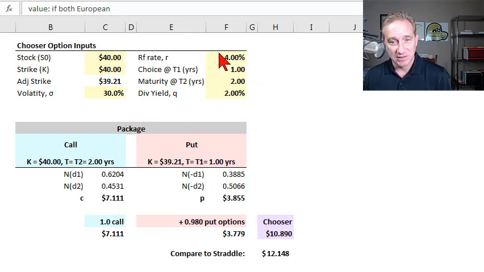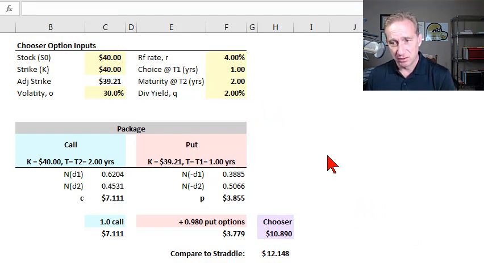Then here's the key difference in the pricing model: we need two time frames, a choice at T1, which I'm using 1 year, and a maturity at T2, which I'm using 2 years. Also, because this model accommodates a dividend yield, specified as usual with a small q, connoting a continuous dividend yield as opposed to a lumpy sum, I'm going to assume a 2% dividend yield.